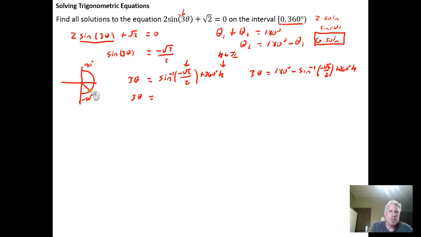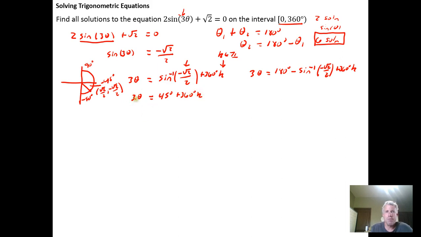At negative 45 degrees, we have the ordered pair positive root 2 over 2 comma negative root 2 over 2, and the sine function is the y-coordinate on the unit circle. So that means we're going to get an angle of negative 45 degrees generating the side ratio. So I'm going to simplify to 45 degrees plus 360 degrees times k.